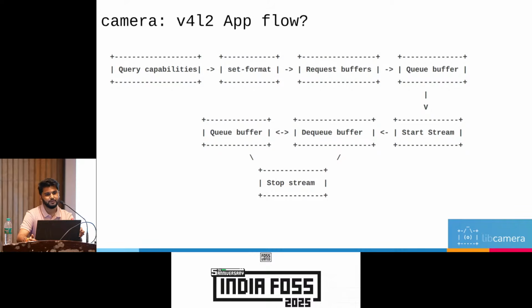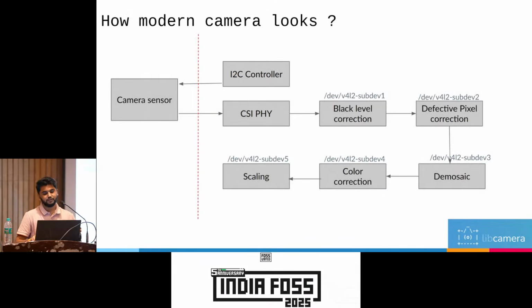When you have simple camera hardware, everything goes right. But now the things change. How does a modern camera look? Whatever parts you see in the slide to the right of the dotted red line are inside one SoC: the black level correction, defective pixels, I2C controller, CSI2.